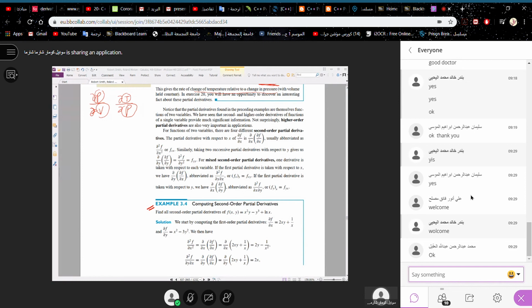First order derivative means if your f depends on x and y, its first order derivatives are del f upon del x and del f upon del y, or we write them as fx and fy.